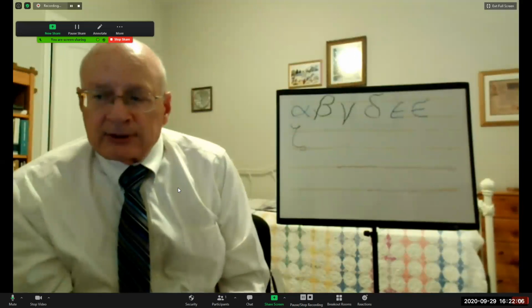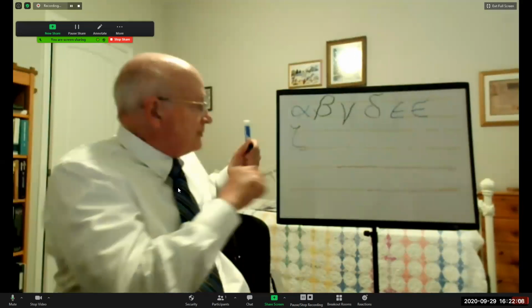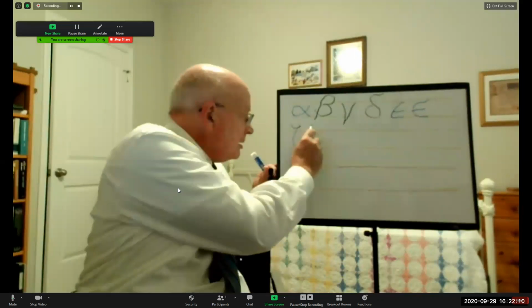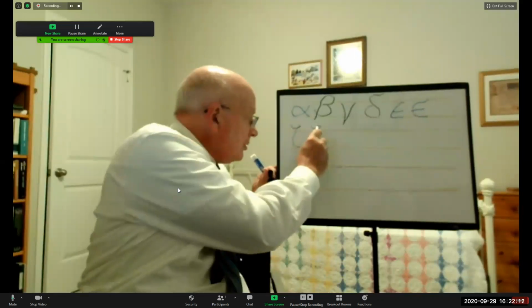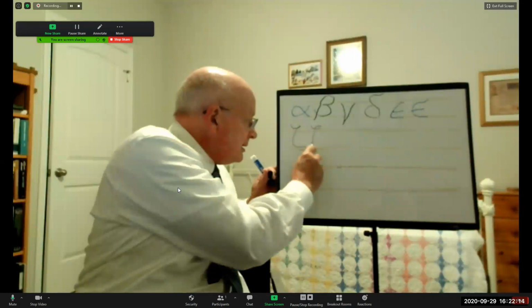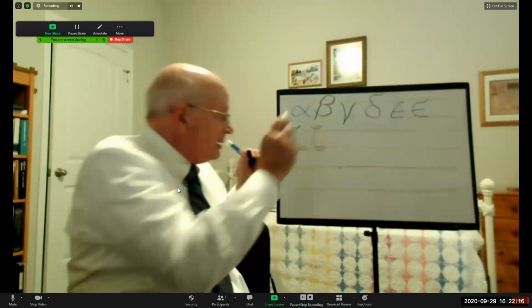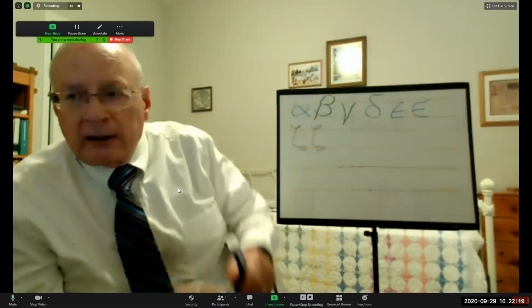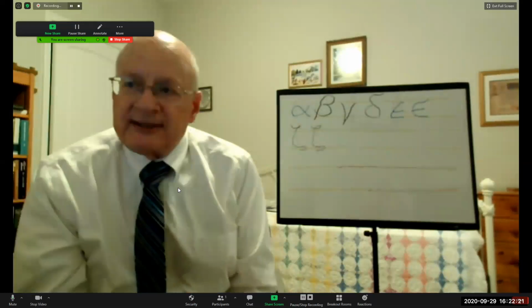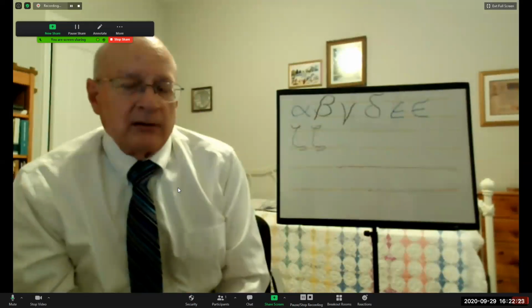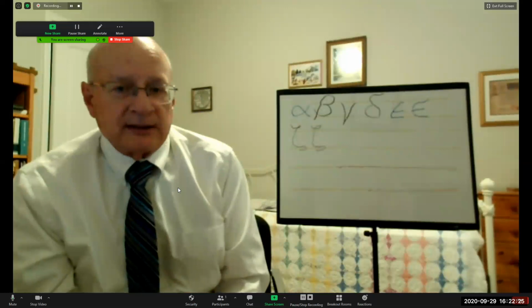I'll do it again just for repetition. Make your curl above the line, come down, go along the lower line, and then a curve below it, and that's zeta, Z sound, or soft Z sound.